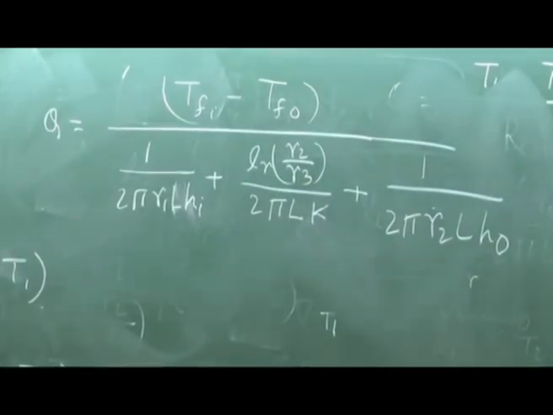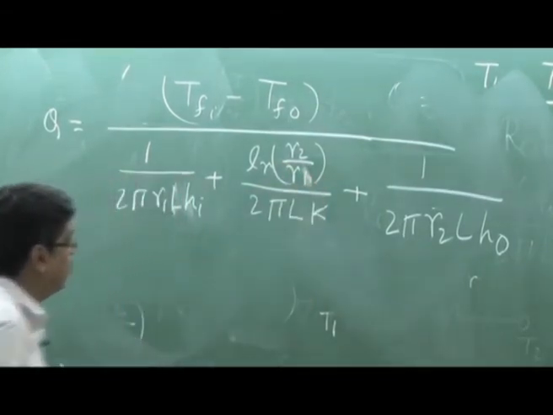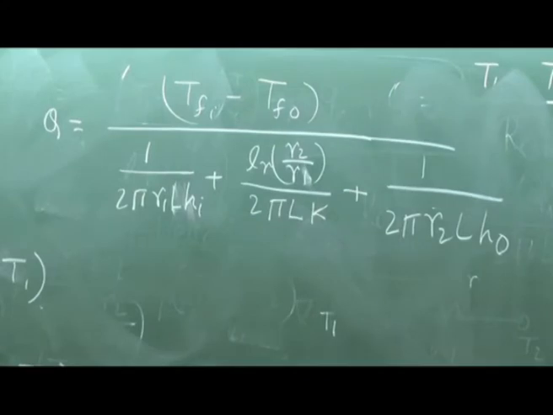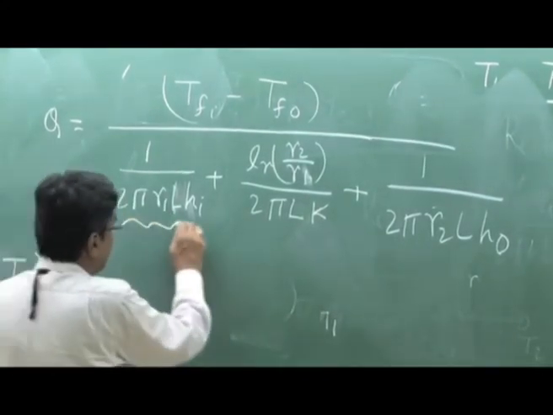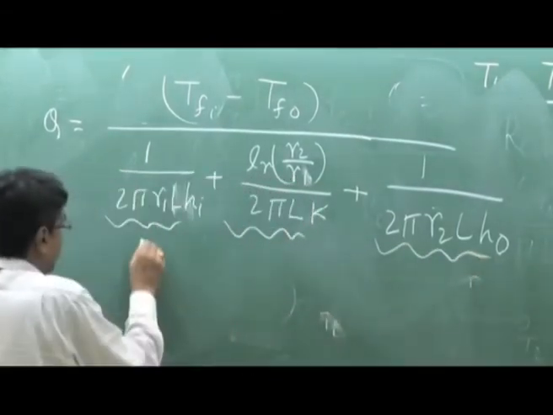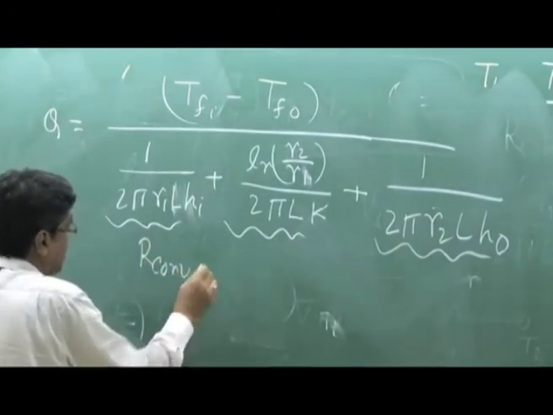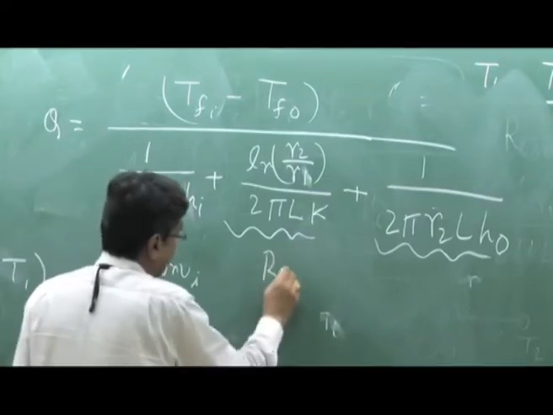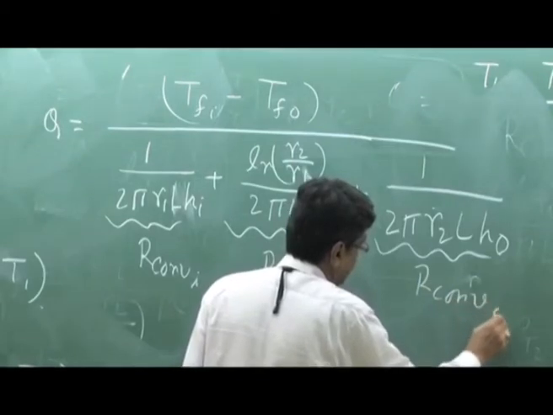Extremely simple. It is R1 and R2, ln R2 by R1. I had written R3, sorry. Very good. Now this is the same as the flat plate case. That means it is the sum of three series resistances. This is the convection resistance at the inner surface, this is the conduction resistance, and this is the convection resistance at the outer surface.